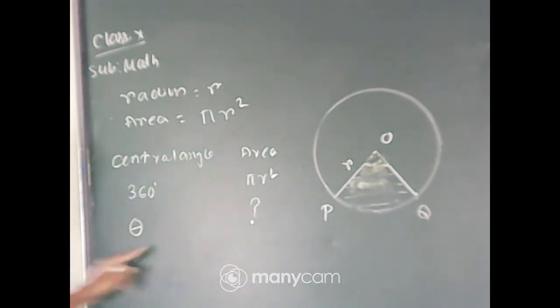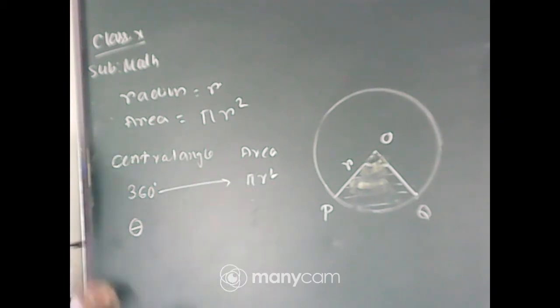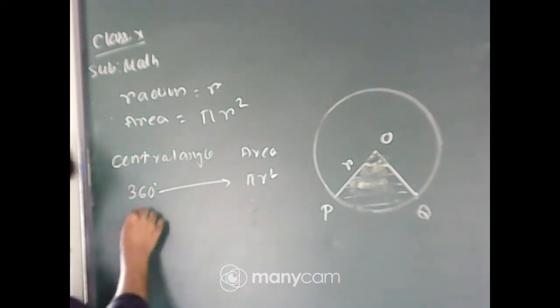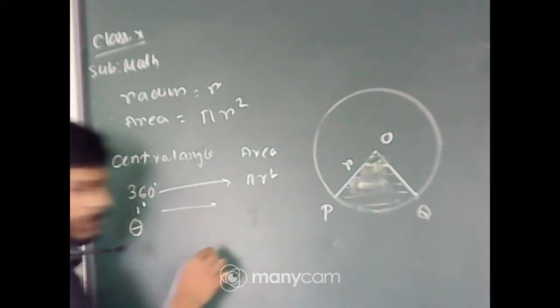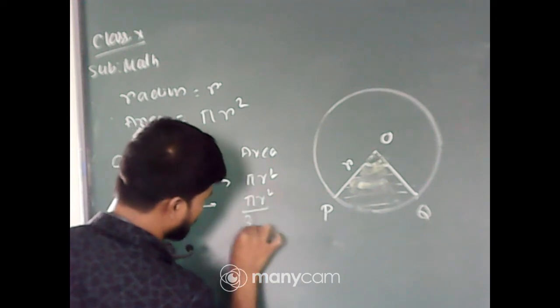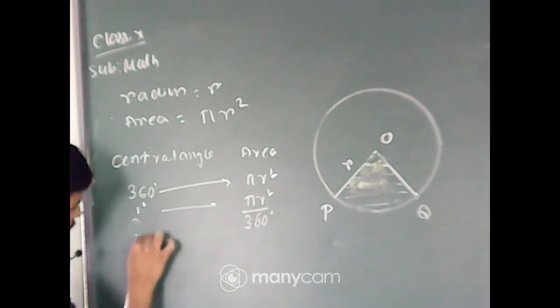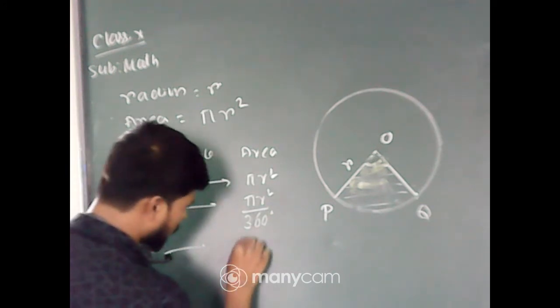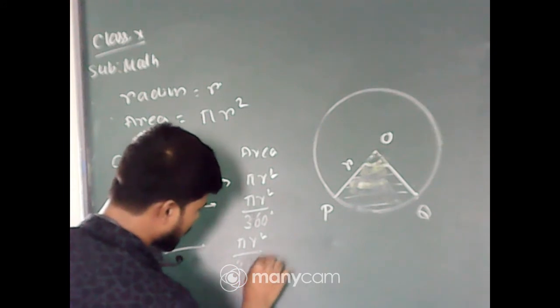Okay, so 360 degree covers pi r square area. If I rotate the radius by 1 degree, it will cover pi r square by 360 degree. And if I rotate theta degree, it will cover pi r square by 360 degree into theta.